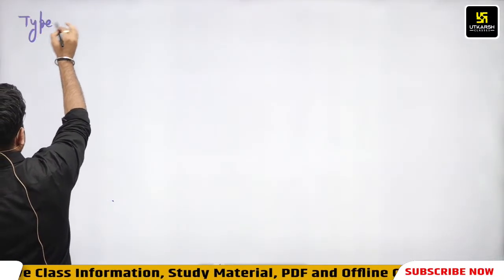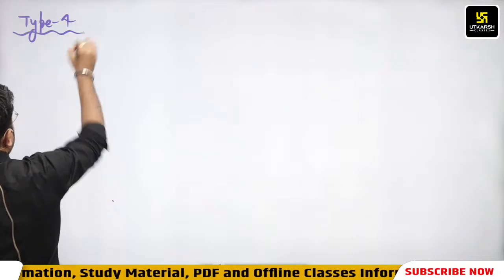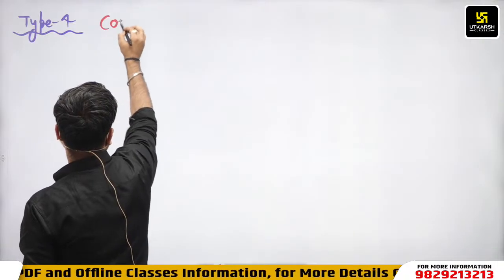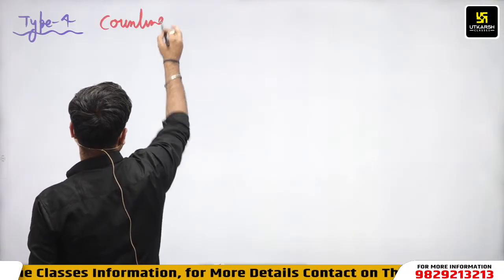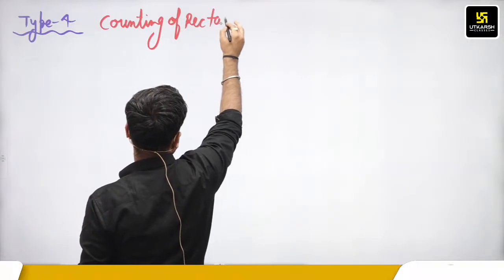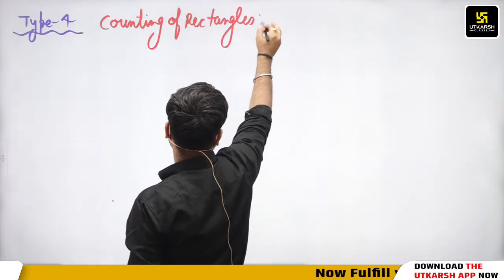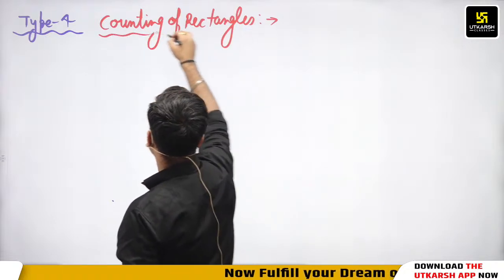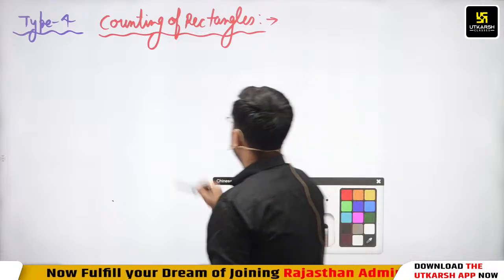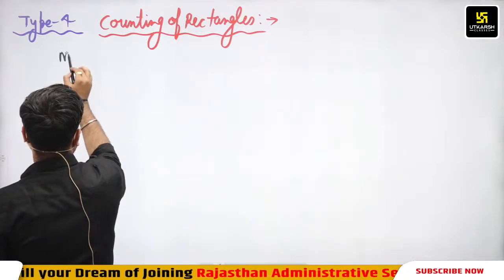Type number 4, that is counting of rectangles. Before starting counting of rectangles, you need to understand this thing also.